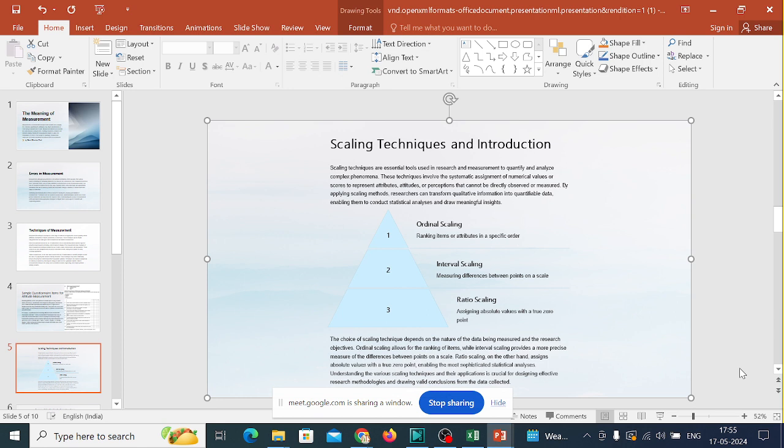Why? Because using this tool, you can measure your research work, and quantify and analyze the phenomena of the research. Using this technique, you can involve a systematic assignment of numerical values.